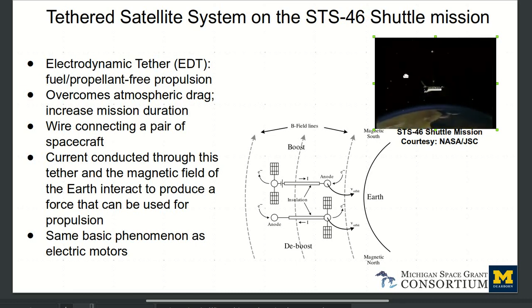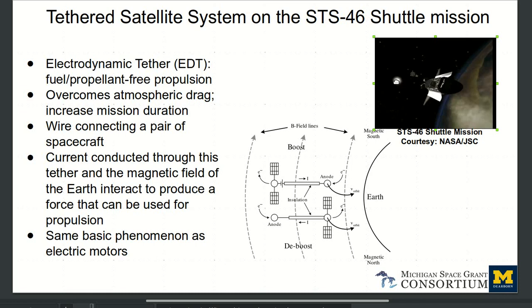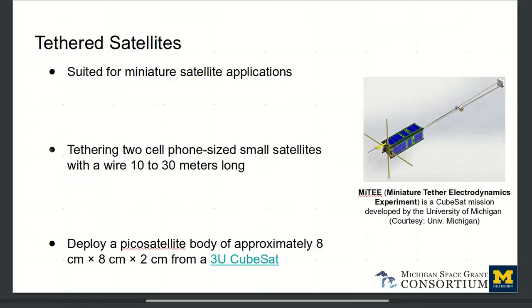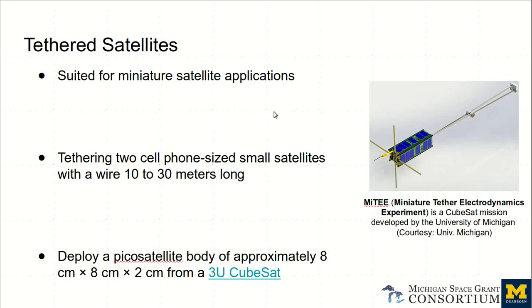Now, the good thing about the electrodynamic tethers is that they provide a fuel or propellant-free propulsion method for satellite systems, and they can also overcome atmospheric drags. Because of this, tethered subsatellites have found applications in miniature satellite applications.